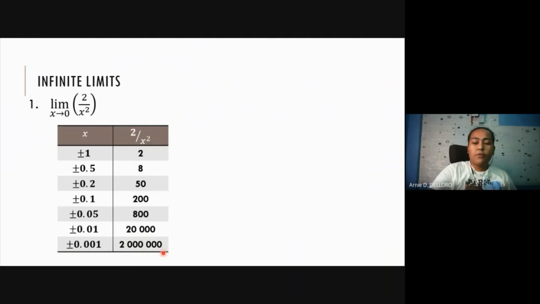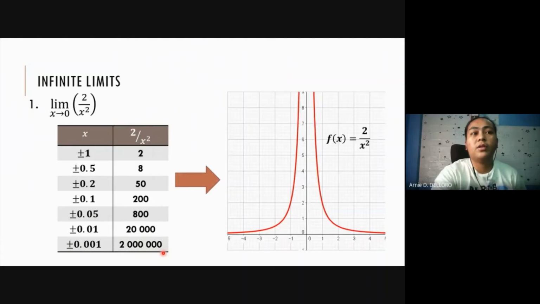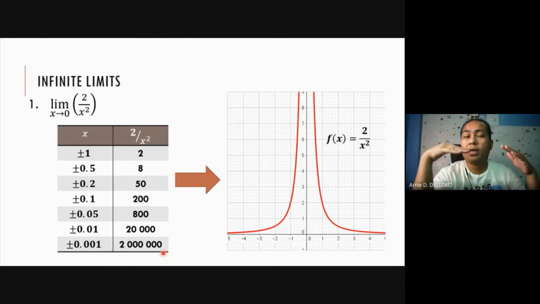Okay? Now, if we will be considering the graph of this function, we have this. Ito yung graph ng limit of 2 over x squared as x approaches 0. Kung mapapansin nyo, di ba, the graph of the function, ito, extends without bound.